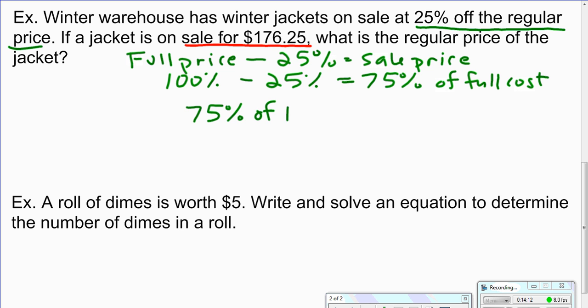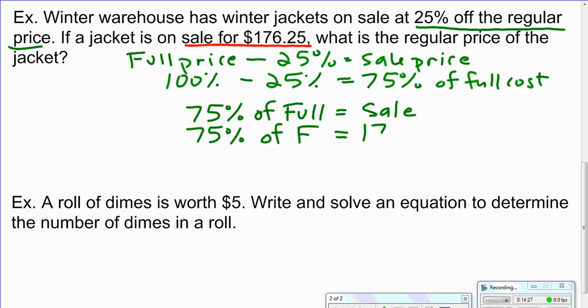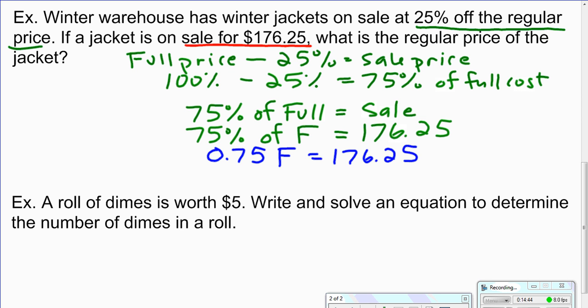So 75% of the full price is going to give us the sale price. Okay, so 75% of, we don't know what the full price is, so let's just say that's going to be F. And we do know what the sale price is, that's $176.25. So 75%, I'm going to represent that as a decimal. 0.75 of is telling us to multiply, so we're going to times it by F, is 176.25.